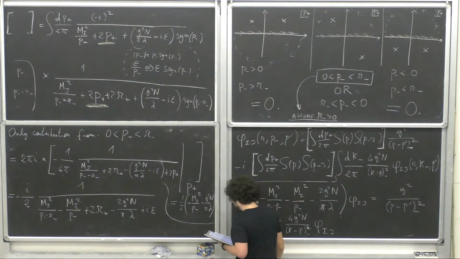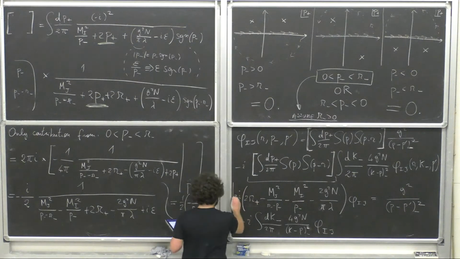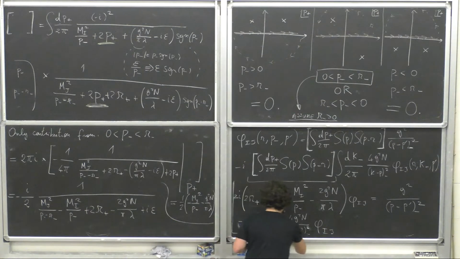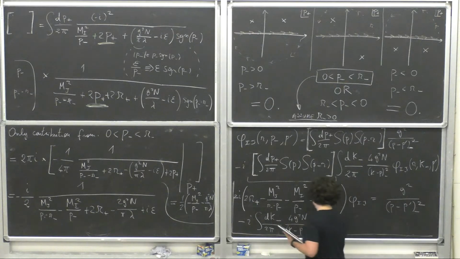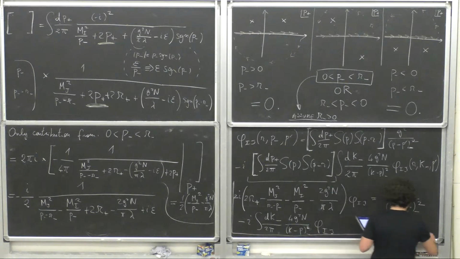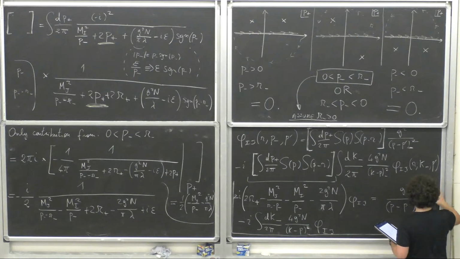So let's put some color or something here. So it's a beautiful equation. And that's our equation for phi ij.